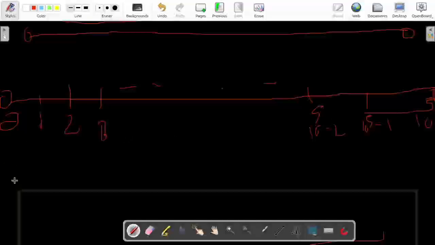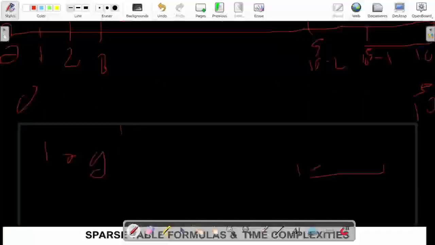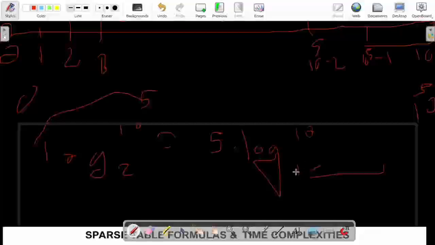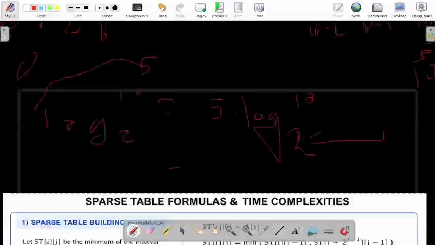Even if I ask you to answer the query 0 till 10 to the power 5, of course you will be taking out log of 10 to the power 5 base 2 elements, which comes out to be 5 times 3 point something.